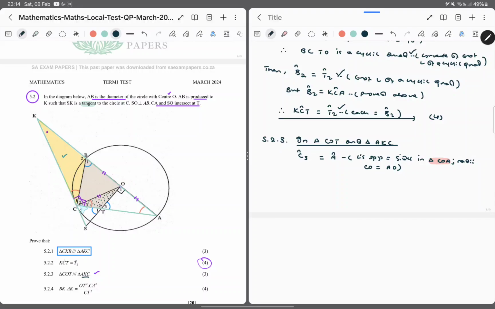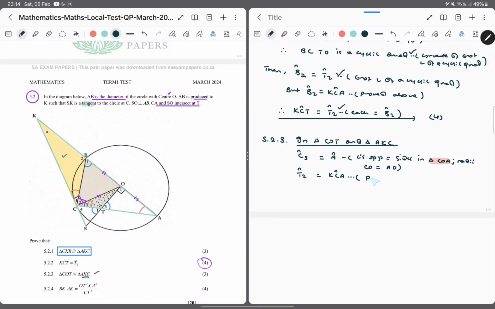This angle is already equal to that angle, T2 from above. So we are done. We know that essentially T2 is equal to KCT. But this time we may say A if we like, because the examiners are just trying to mess with our heads.